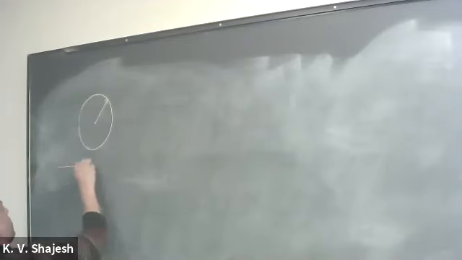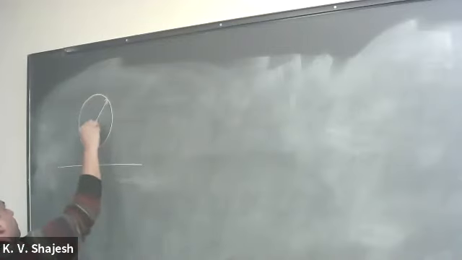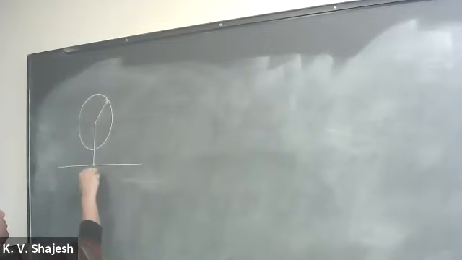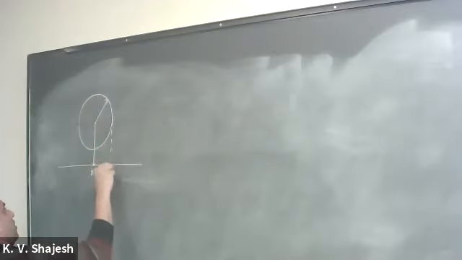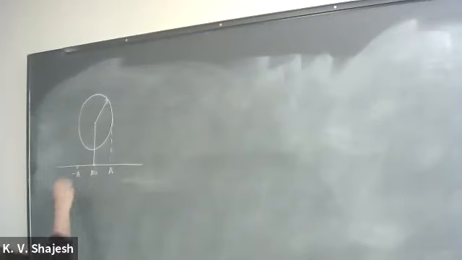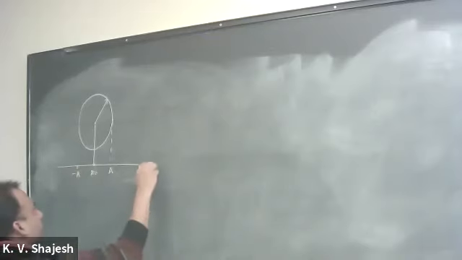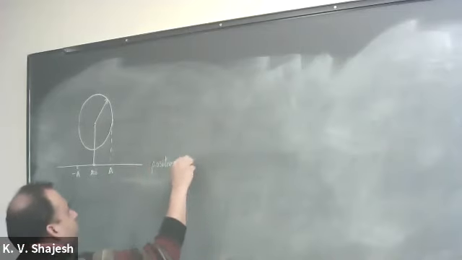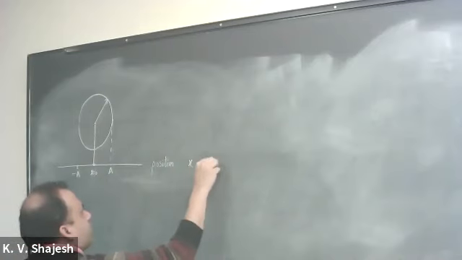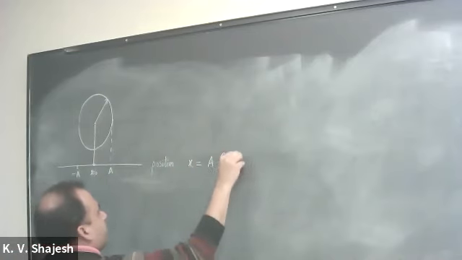And when we project it down there, that's your x equal to 0, and that's plus a, and that's minus a. And that is position, and we said x is equal to a cosine omega t.